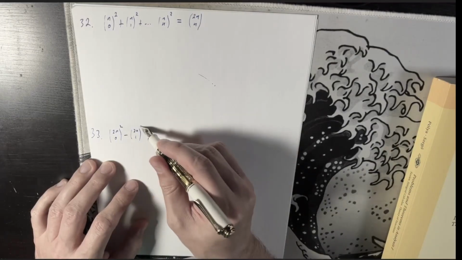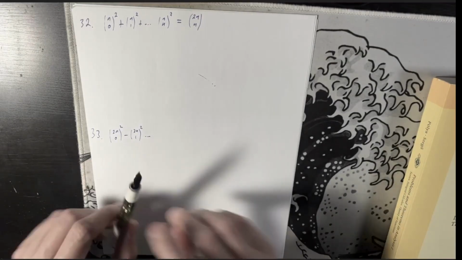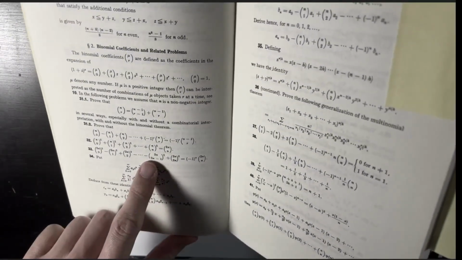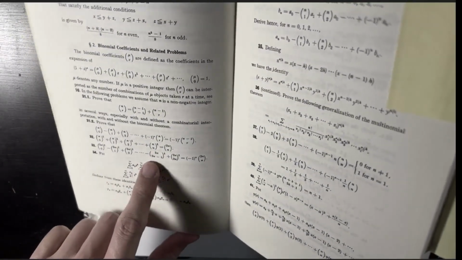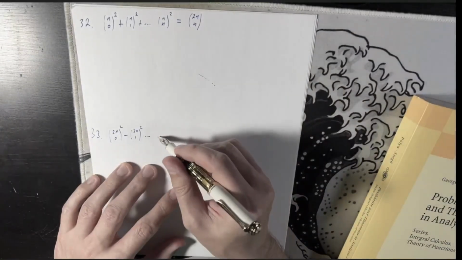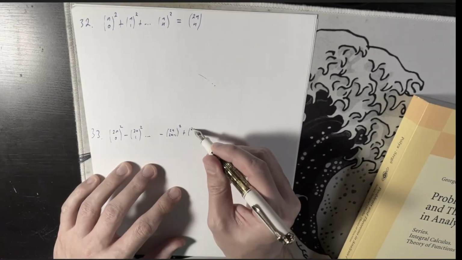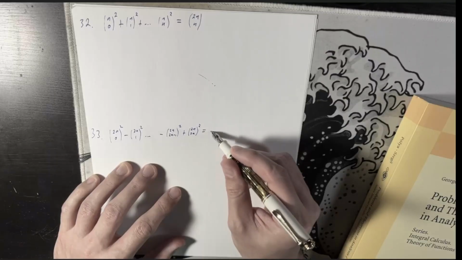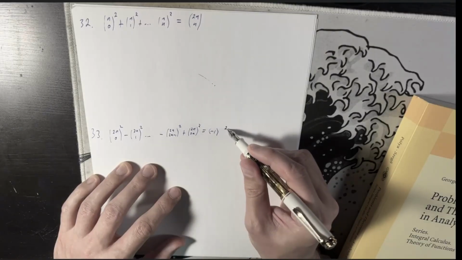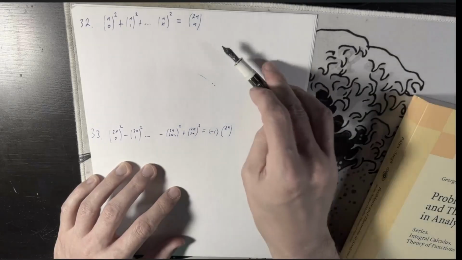Oh, these are squares. Da da da da da. 2n minus 1 squared plus, so it does go all the way up to the end. And on the right-hand side you get, I forget. Is it 2n choose n? Yeah, it is.